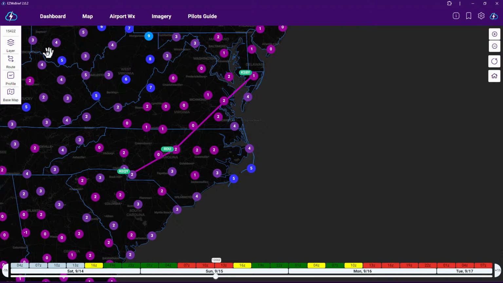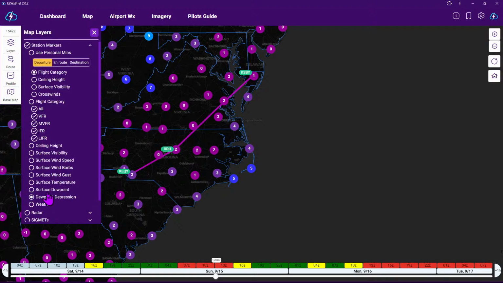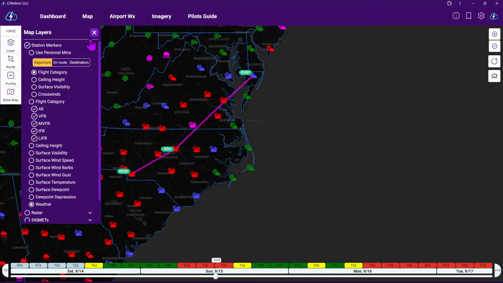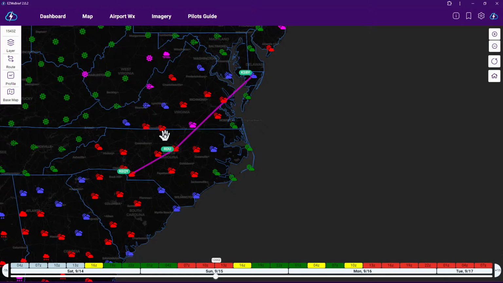So we would expect, if we look at the potential for ceilings and visibility, usually we expect something lower. So I like to look at the weather layer, and that gives us an indication. You can see pretty clearly here that lots of red, which means you have IFR conditions. It could be ceiling or visibility, or both, that bring that down to the IFR category.